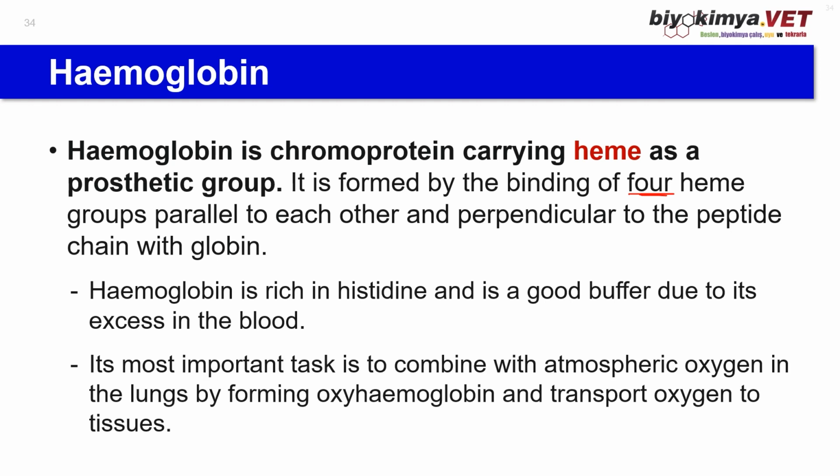Hemoglobin's most important task is to combine with atmospheric oxygen in the lungs by forming oxyhemoglobin and transport oxygen to tissues. And most specifically, hemoglobin synthesis occurs in the precursor cells of the erythrocyte, known as erythroblasts, located in the bone marrow. And the process begins in the early stages of red blood cell formation in the bone marrow.